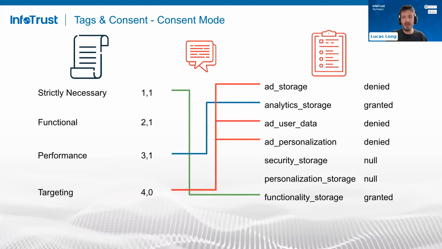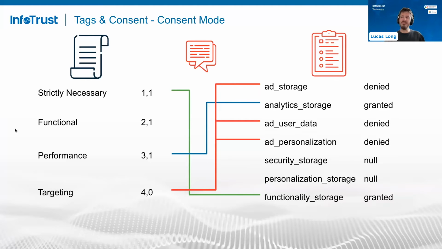We're mapping our categories from the CMP to our categories within consent mode in order to provide that binary. For consent mode, the purpose is granted or denied based upon what the consent indication is from the individual user as indicated from the CMP.